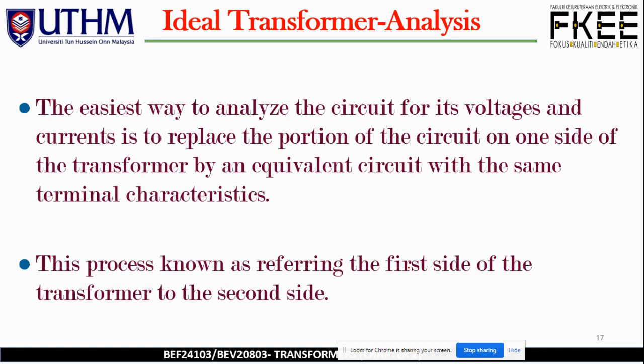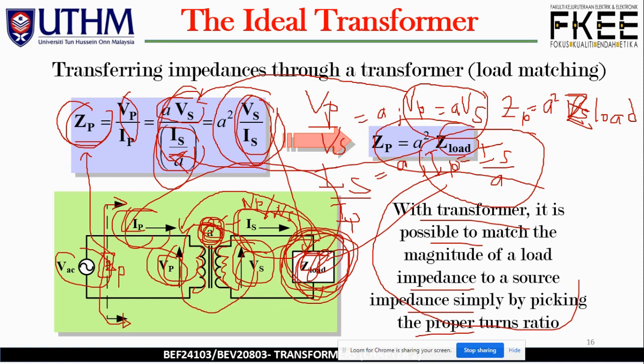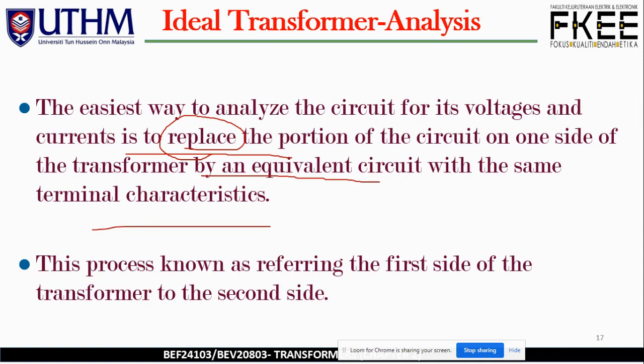Now, the easiest way to analyze the circuit for each voltage and current is to replace the portion of the circuit on one side of the transformer by an equivalent circuit with the same terminal characteristics. This is the keyword, and this is what we have done in this particular slide.